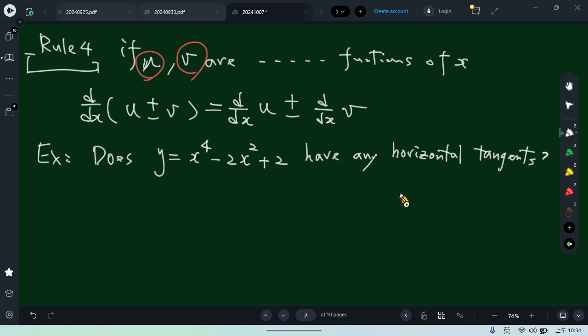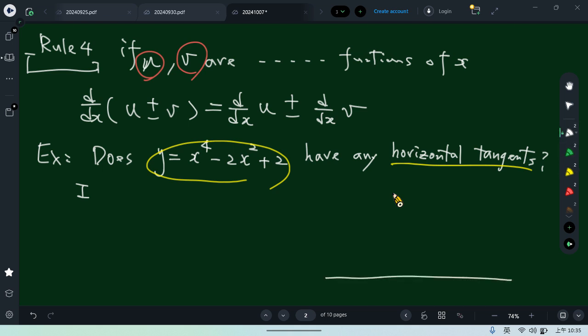So in this case, it asks if this function has any horizontal tangent. So what is a horizontal tangent? It means, is there any place on this curve where its tangent line is horizontal? For example, you can draw the curve going down and up, then going down and up again.